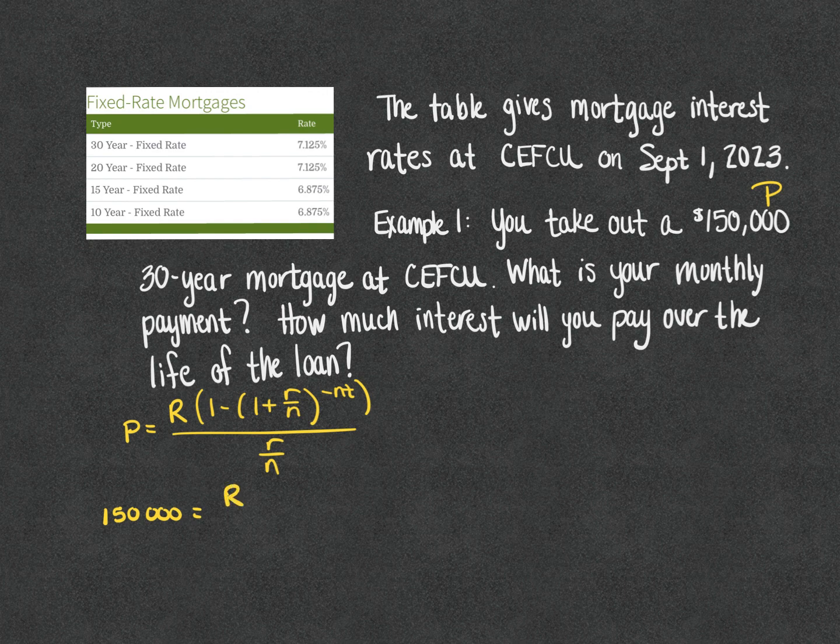We are looking for our regular monthly payment. The interest rate for a 30-year loan can be found right there, 7.125%, so 0.07125, and again, 12, and a 30-year loan.